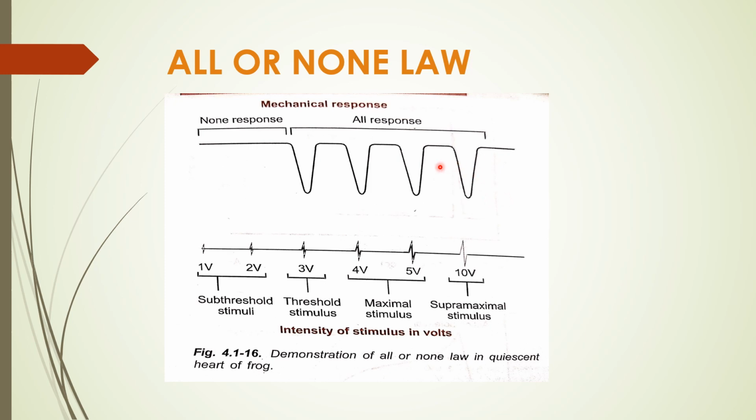So in the heart, when you give a stimulus, either it responds fully or there is no response at all. However much you increase the strength of the stimulus, it does not depend on the strength or intensity of the stimulus.